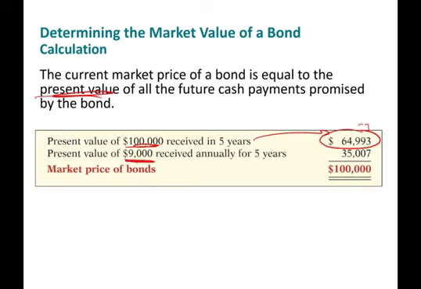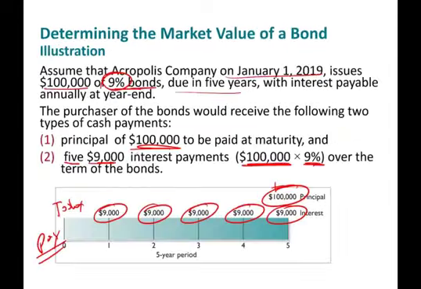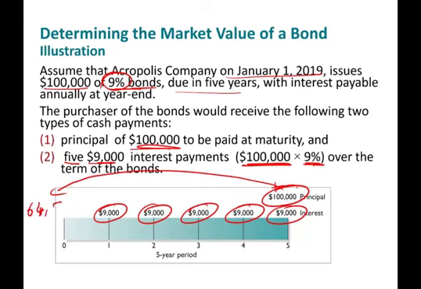The present value of the $9,000 payments is $35,007. Simply put, this 100,000 on its own is worth 64,993 today.